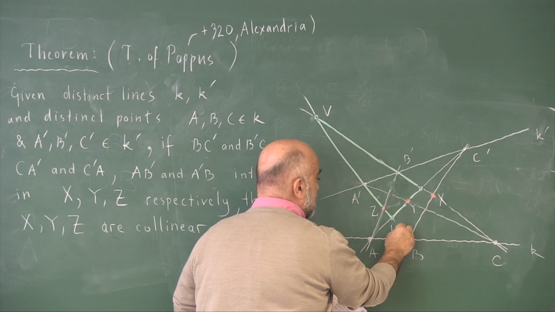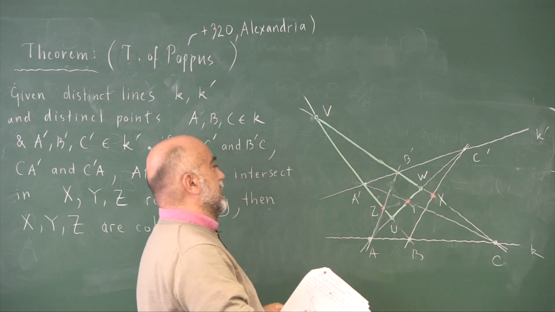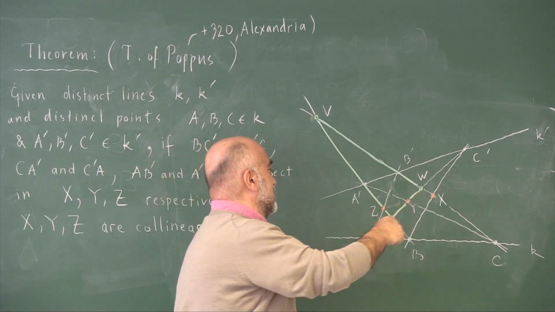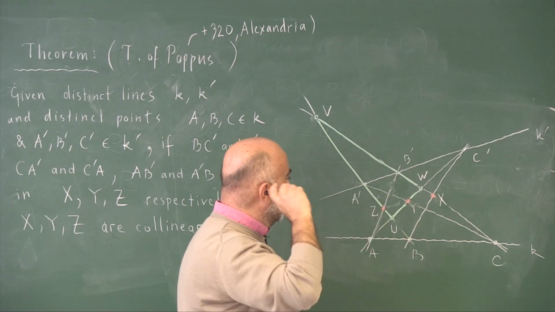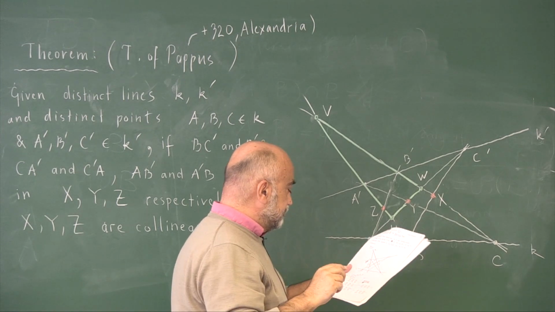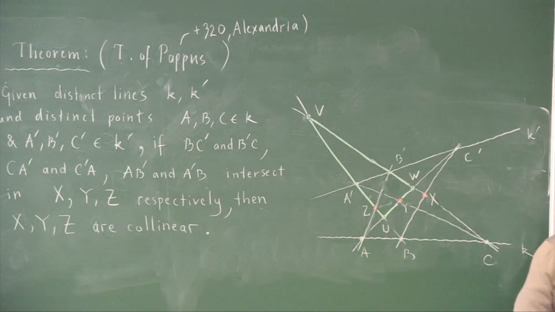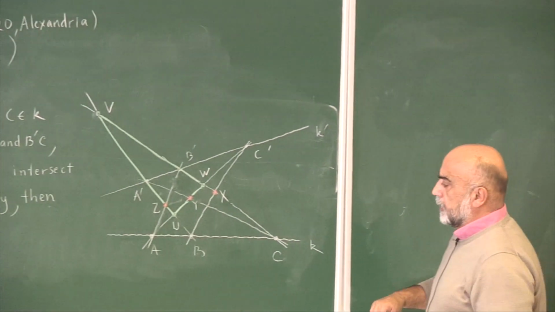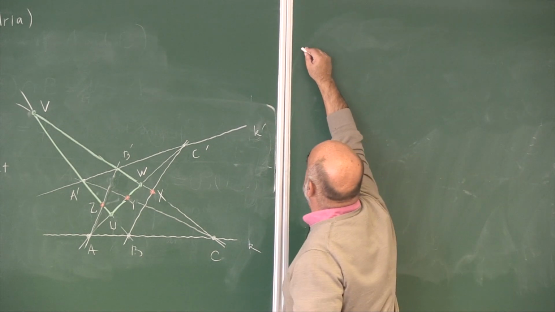Let me call this point U. Let me call this point W. So that the triangle is in counterclockwise fashion, UVW. You will see in a minute why. So let us apply the proof.